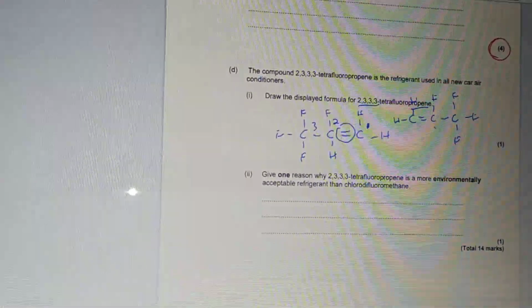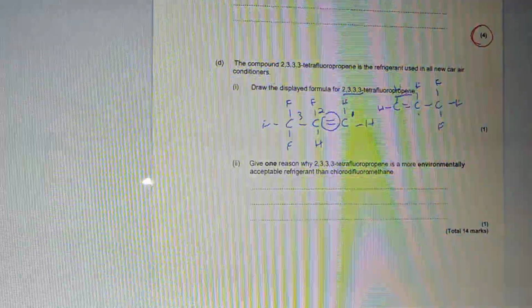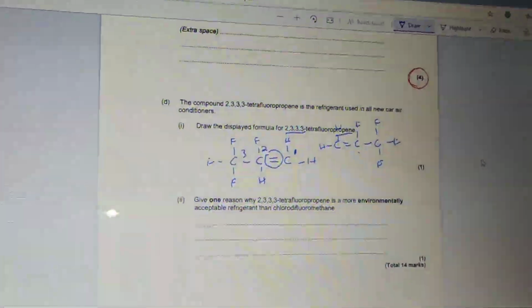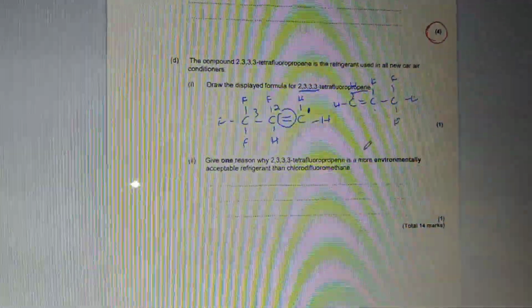Okay? Give one reason why 2,3,3,3-tetrafluoropropene is more environmentally acceptable than chlorodifluoromethane. Now, why?